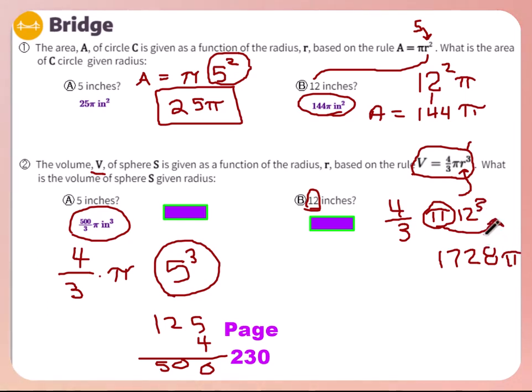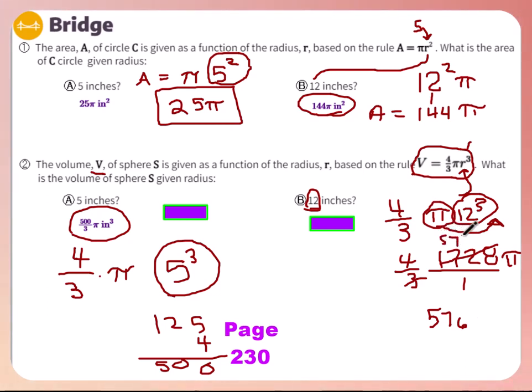Okay, so 1,728, which is 12 cubed. We're going to multiply that times 4 over 3. And then simplify. Put 1,728 over 1. All right, 1,728 divided by 3 is 576. Okay, so that's what we're left with on the top.